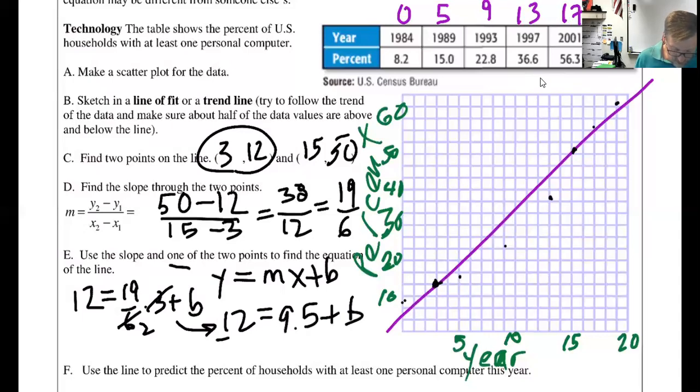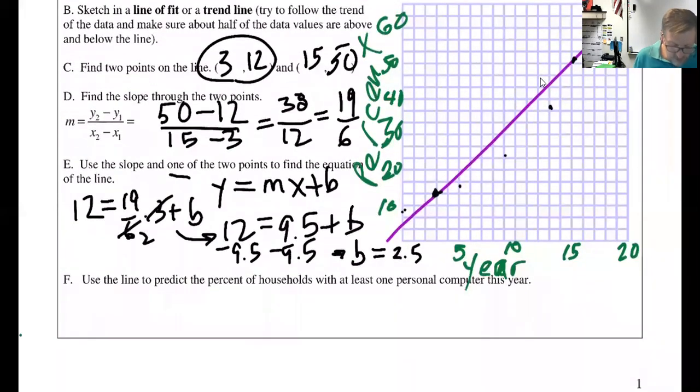Subtract 9.5, and I get b is equal to 12 minus 9 is 3, minus another half is 2.5. So my equation is going to look like this: y equals my slope, which is 19/6 x plus 2.5.